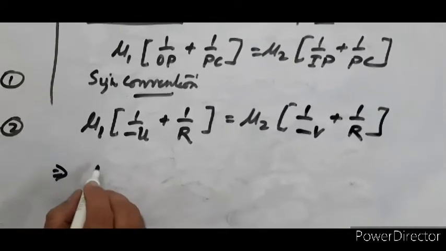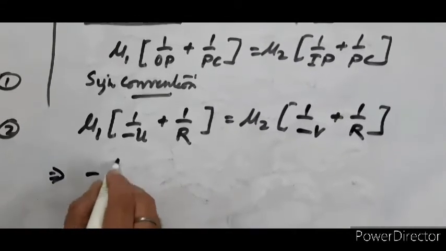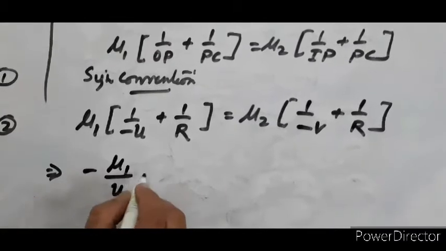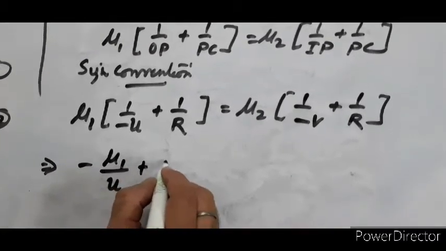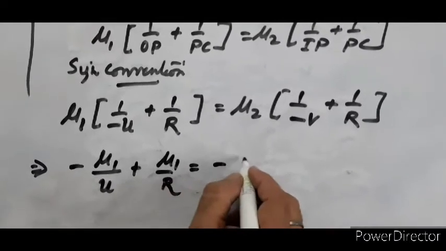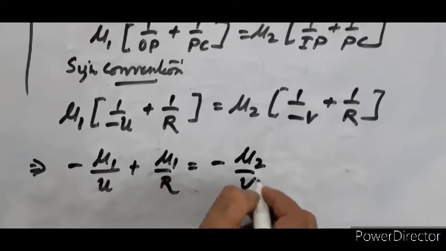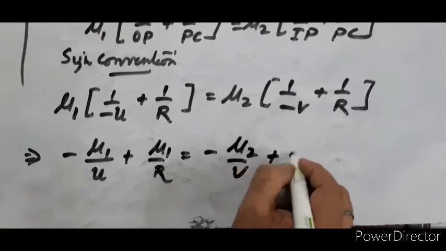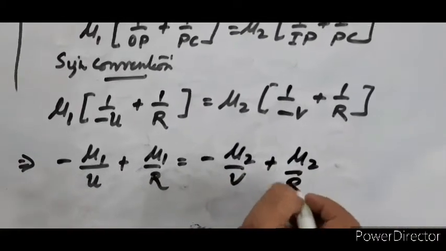After arranging, what we are getting: minus mu1 by U plus mu1 by R is equal to minus mu2 by V plus mu2 by R.